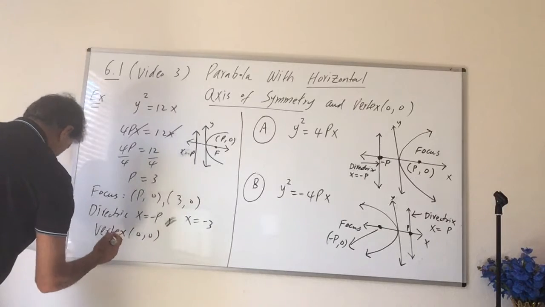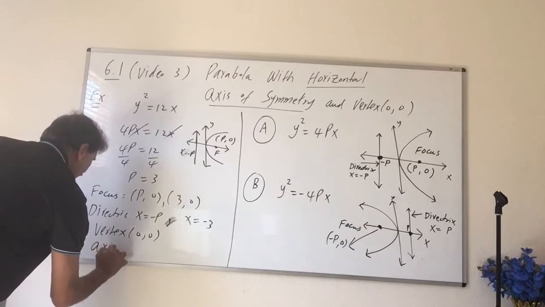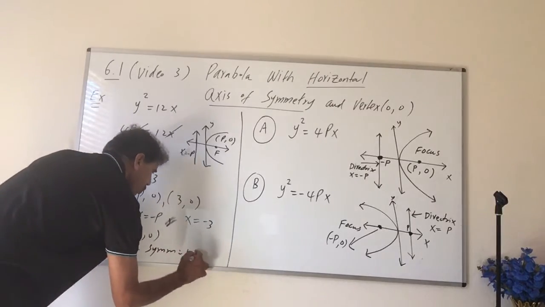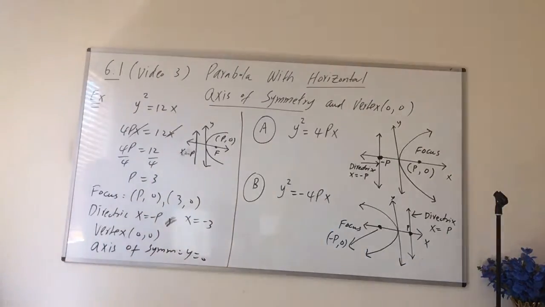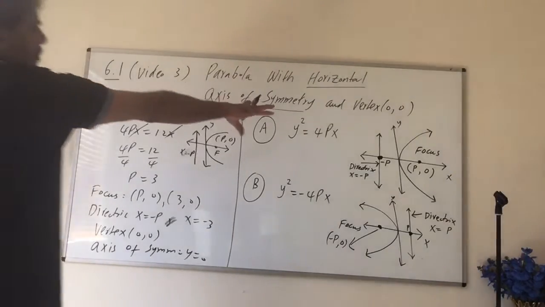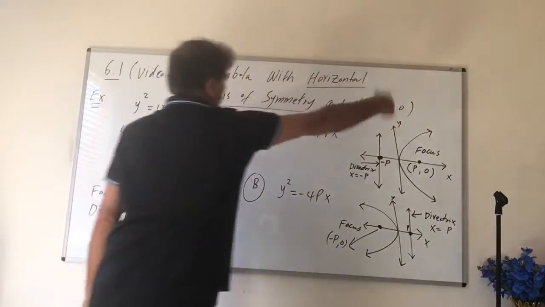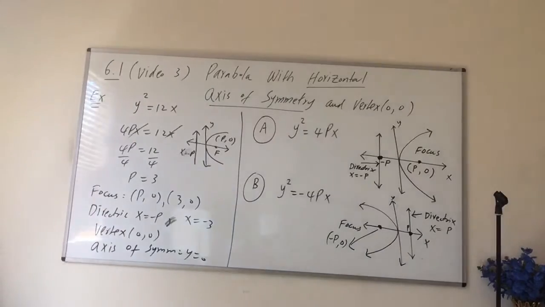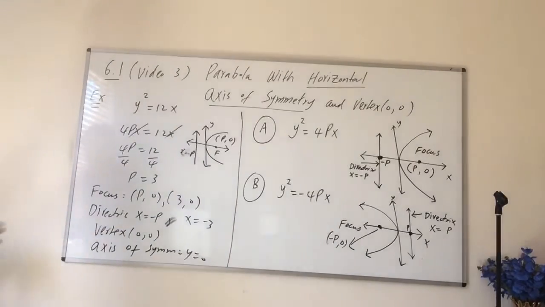The axis of symmetry is y equals 0. Last time it was x equals 0, but now the axis of symmetry is y equals 0. And you're done. Really easy stuff, as long as you don't mix them up. If x is here, it's sideways. If y is here, it's upward and downward. Let me show you one more example.